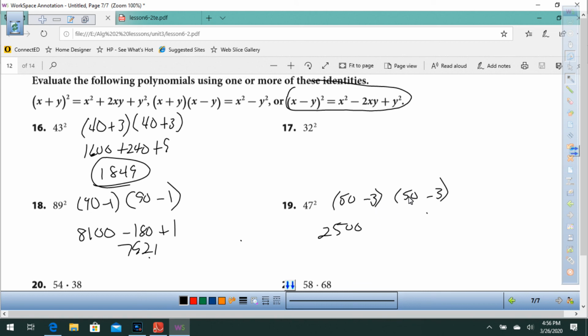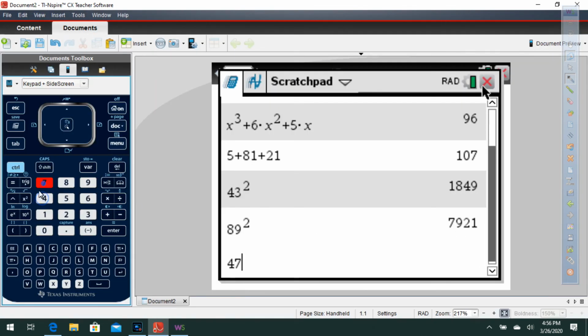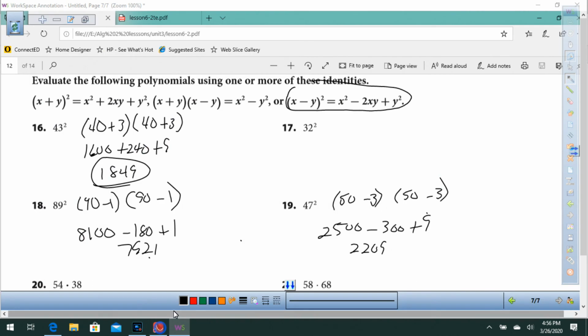And then that's minus 150. That's going to be minus 300. And 3 times 3 is 9, so that's going to be plus 9. So that's 2209. Let's see if we got that. 47 squared. 2209. Wow. All right.